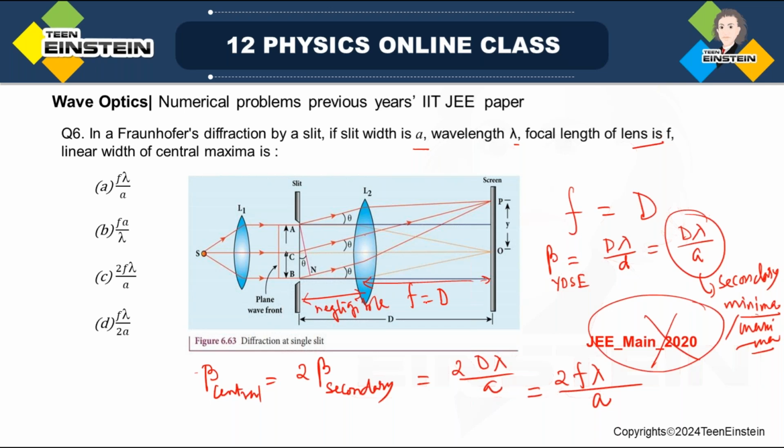So the width of the central maxima will be 2f lambda divided by a. Look, this C will be the correct answer. Yesterday I said this option, but it is not correct. The correct and logical answer is 2f lambda by a.